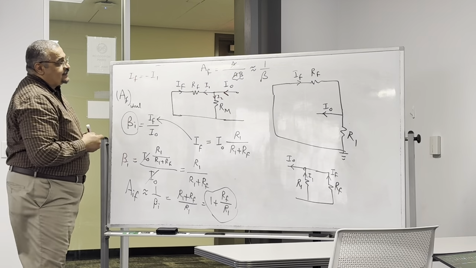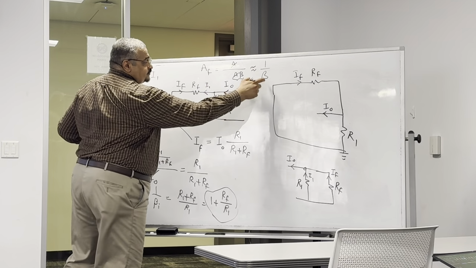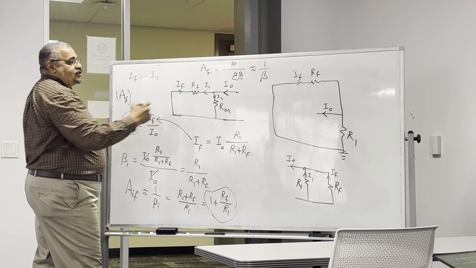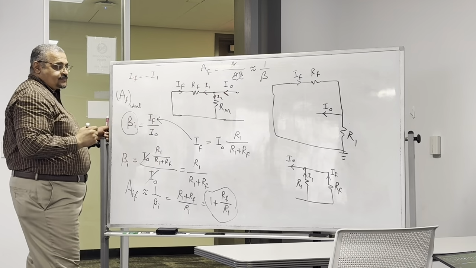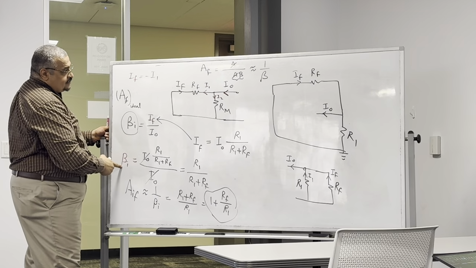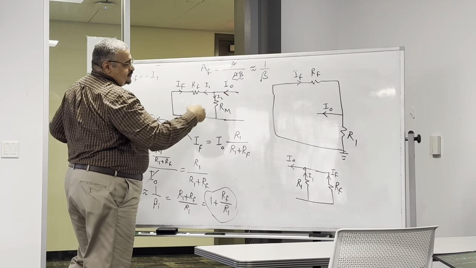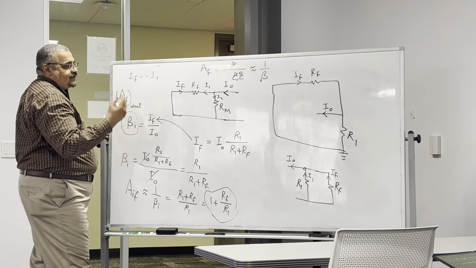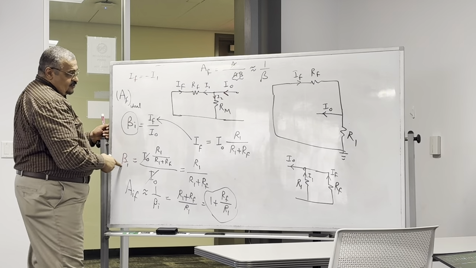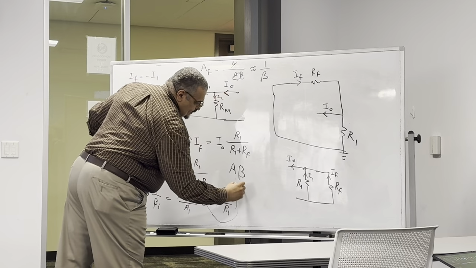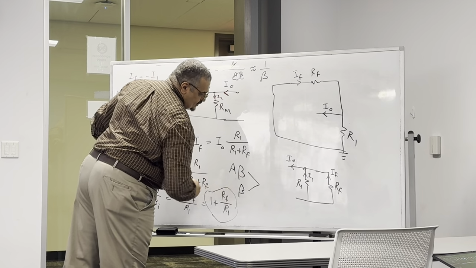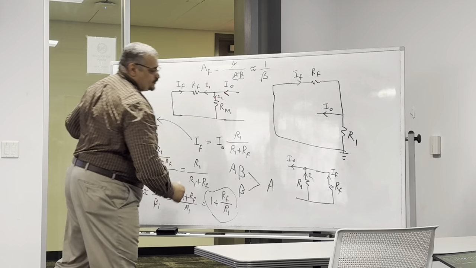The second thing, if you know beta, and you know the loop gain, you can determine A. Because using analysis, you found A times beta. Since you know beta, and you know A times beta, then you can find A. Right?